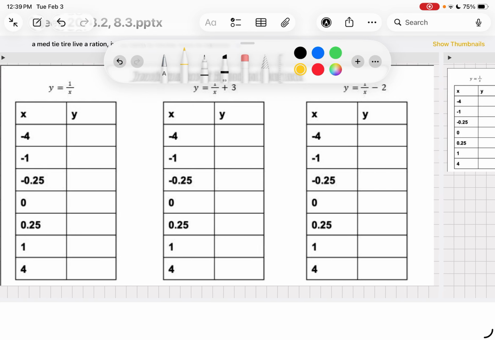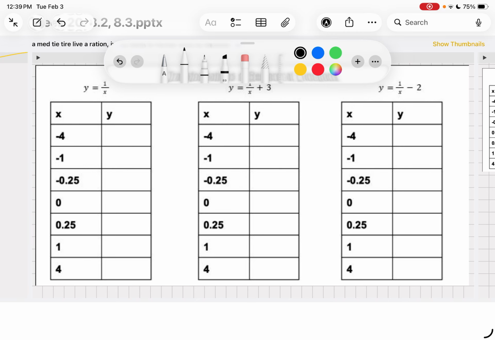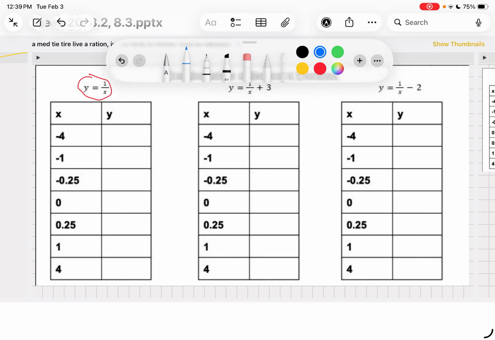So what I want you to do, on your graphing calculator, is fill in each of these tables, okay? So you're going to fill in 1 over x, 1 over x plus 3, 1 over x minus 2, and write all those points down. And then I want you to grab 3 highlighters, 3 color pencils, whatever, and highlight each of these equations with those different colors.